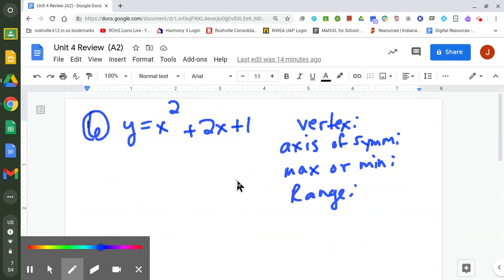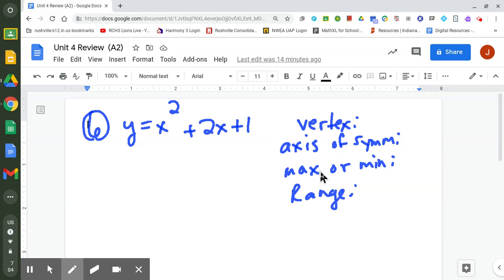So on number 6, you're given an equation that is in standard form, and you're asked the same questions that you were asked on number 5. So we have to find the vertex, the axis of symmetry, max or min, and range. Well, we can't do the vertex and the axis of symmetry yet.